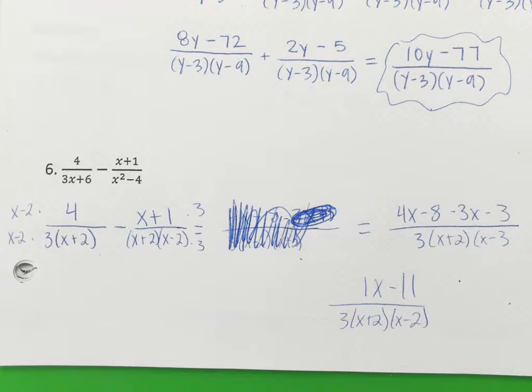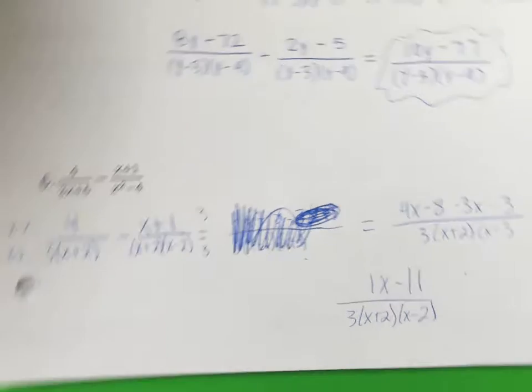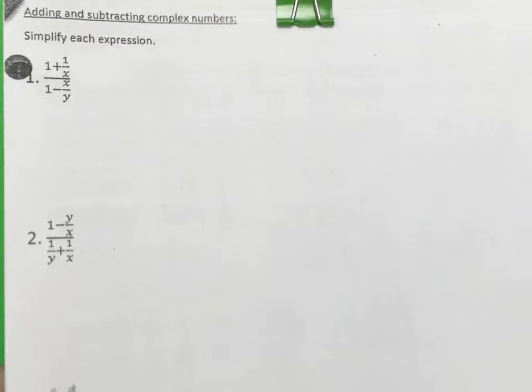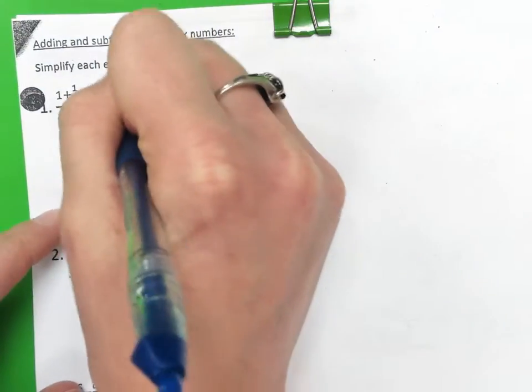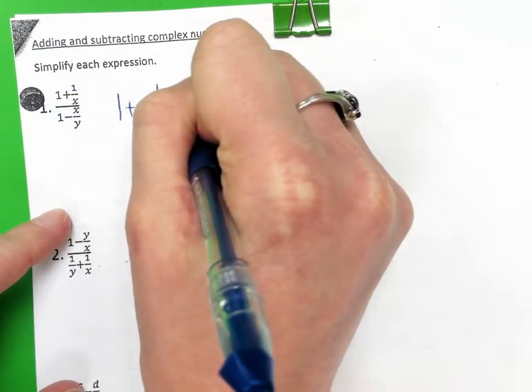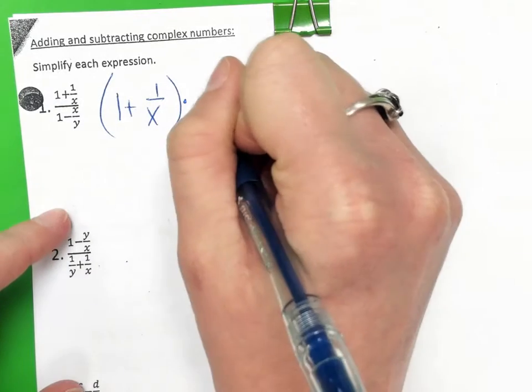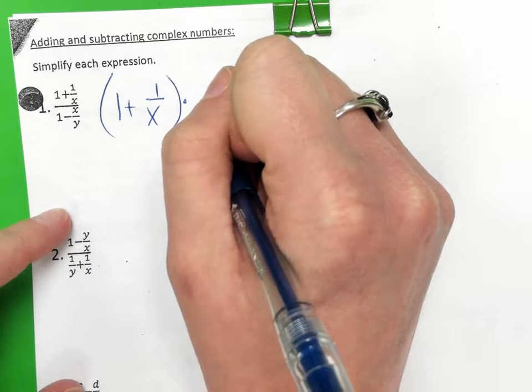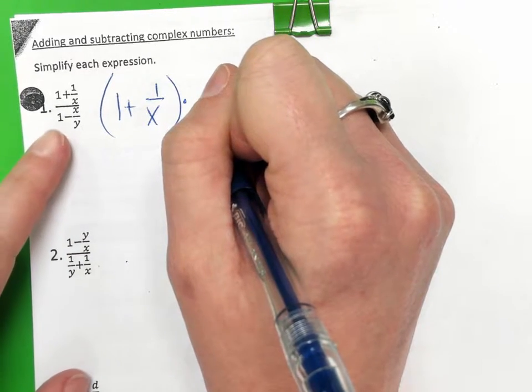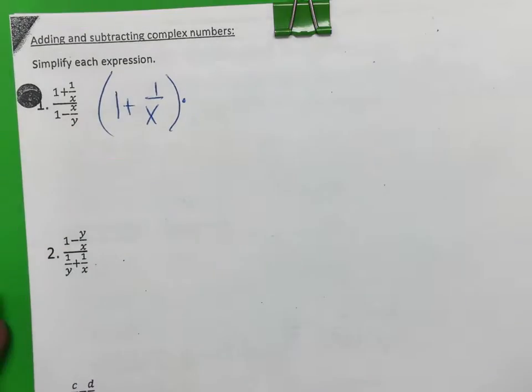All right, so page 6, when you do keep, change, flip, right, it combines what we did all last week together. So when you do keep, change, flip, anybody want to tell me what they got? 1 plus 1 over x times negative x, x over y minus 1.